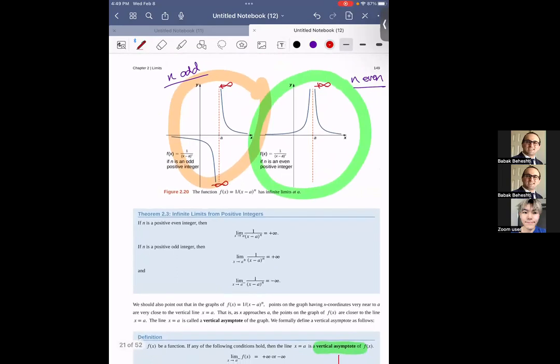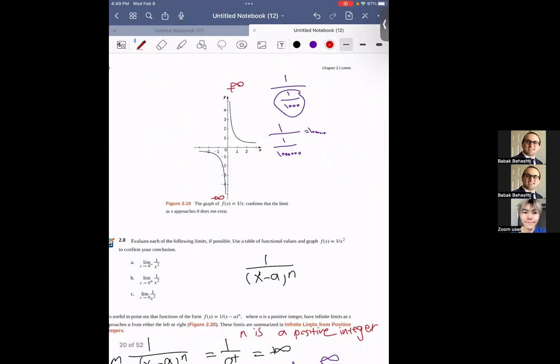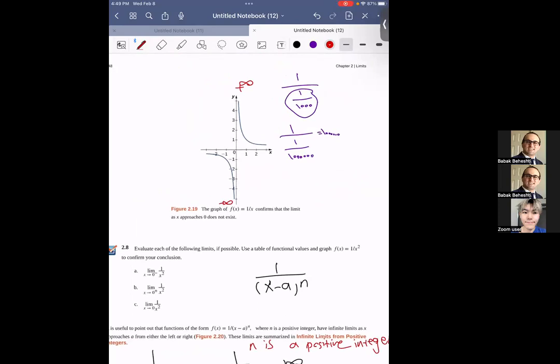So for example, in the top pictures, you see x equal to a is a vertical asymptote. In the first example, 1 over x, what is the vertical asymptote for 1 over x? x equal to 0. x equal to 0 is the vertical asymptote.